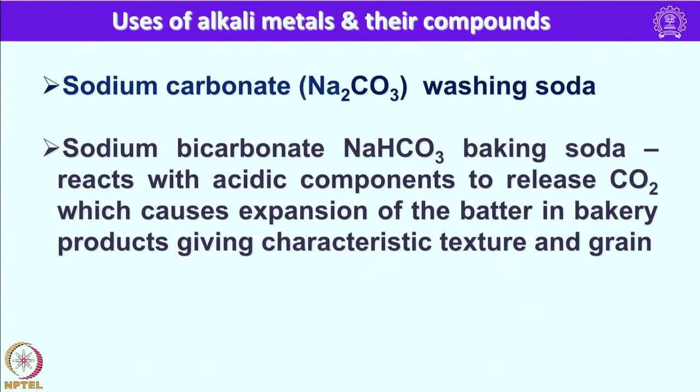And sodium carbonate is washing soda and sodium bicarbonate is known as baking soda. So, this sodium bicarbonate reacts with acidic components to release carbon dioxide, which causes the expansion of the batter in bakery products, giving a characteristic texture and grain. Okay, let us look into those reactions here.